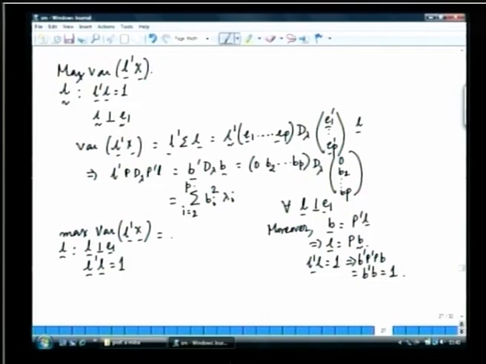This is nothing but maximum of summation Bi square lambda I from 2 to P, maximum over B such that sum of Bi square, I from 2 to P, is equal to 1.